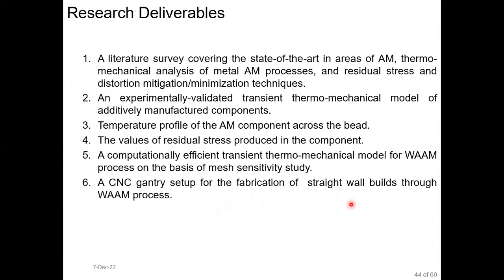So these are the research deliverables. Based on the research and findings, I have published 2 review articles in 2 different journals, covering the state-of-the-art literature survey related to metal additive manufacturing processes, in the form of wire and arc additive manufacturing process and powder bed fusion process.